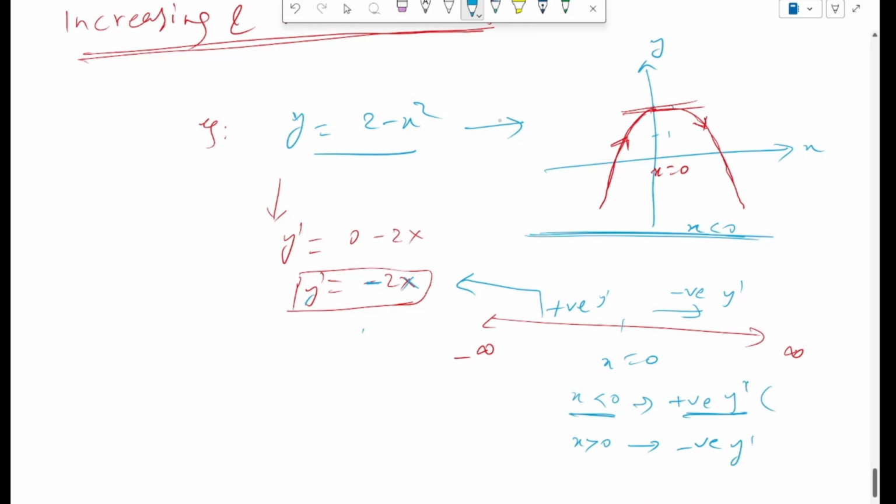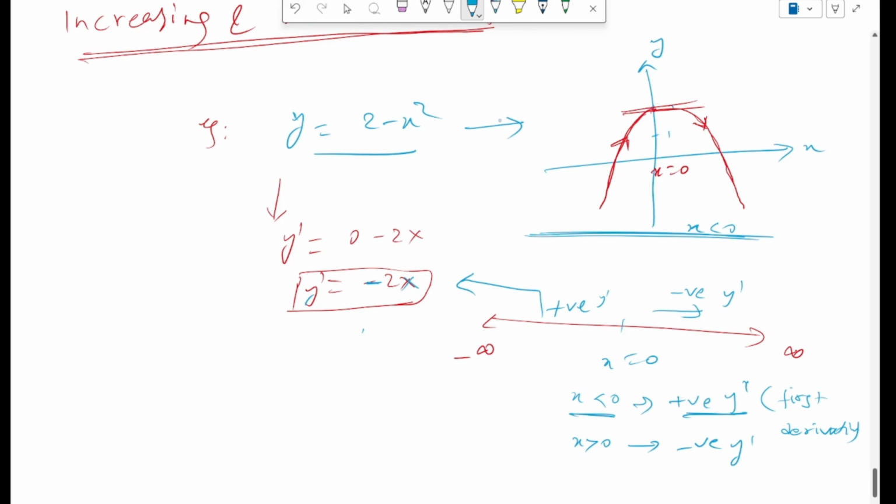Y dash is nothing but the first derivative. So the first derivative of the function is positive in the region x is less than 0.